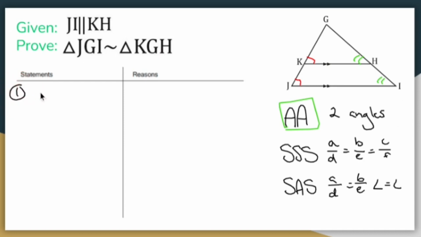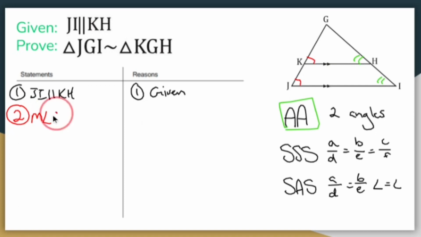So let's start out by saying my given is that JI is parallel to KH. That means that the measure of angle GKH is equal to the measure of angle GJI.